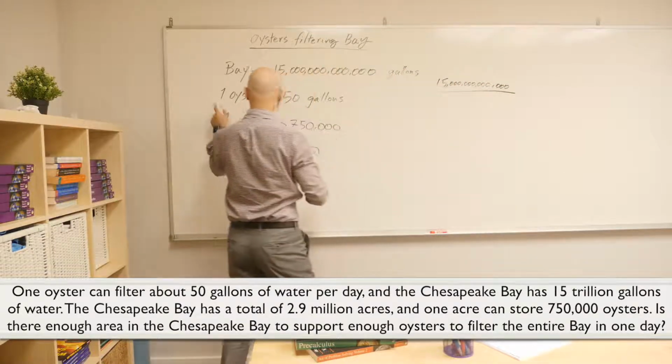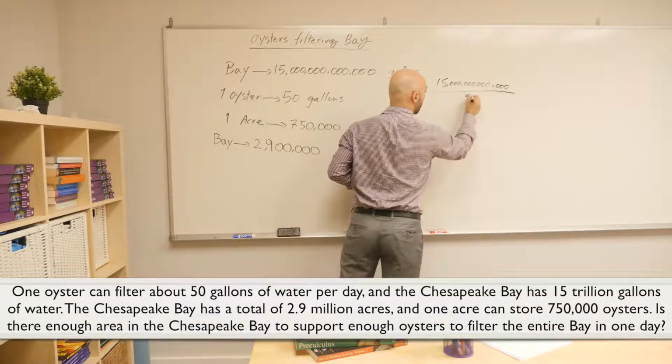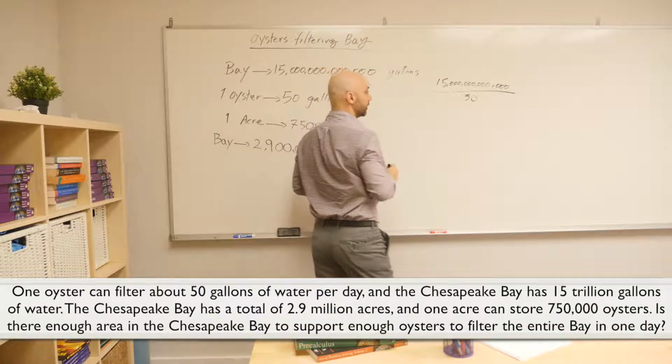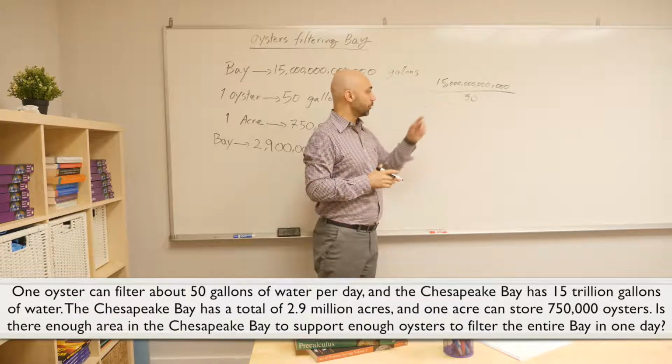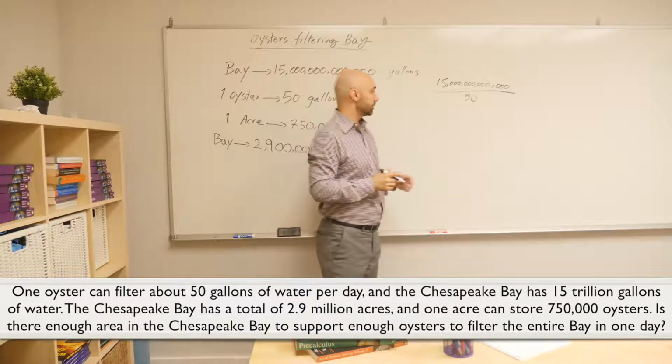Total amount of water divided by how much water is filtered by each oyster. This is the total amount of water in the bay divided by the amount of water that each oyster filters.